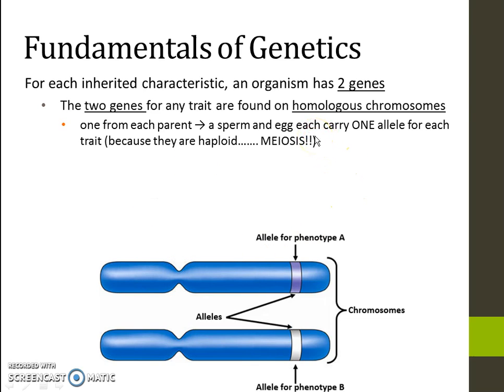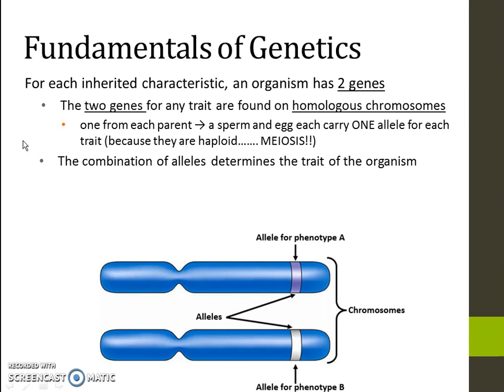Once fertilization happens and those egg and sperm come together, you then have a diploid cell with two genes for every trait. So the combination of alleles will determine what trait the organism gets, and this is going to be a lot of what we talk about here in genetics, predicting what combinations will give you what traits.